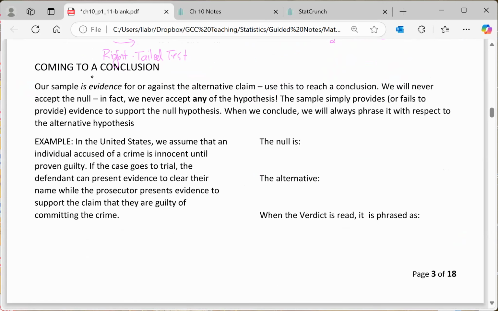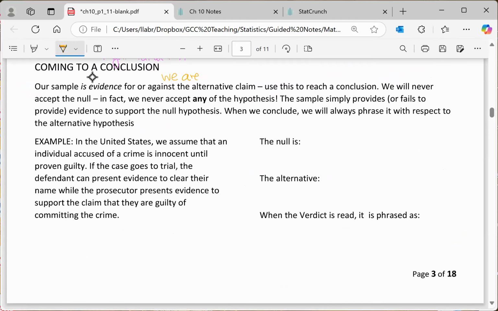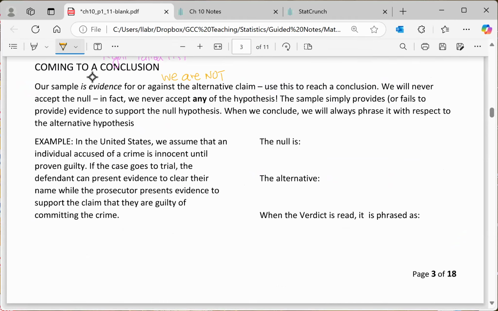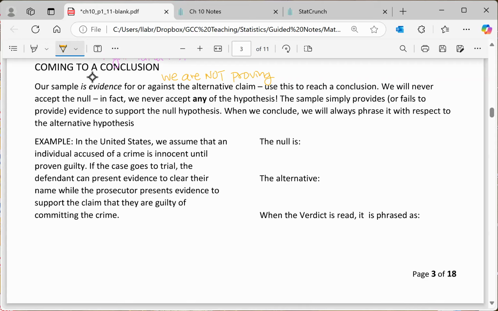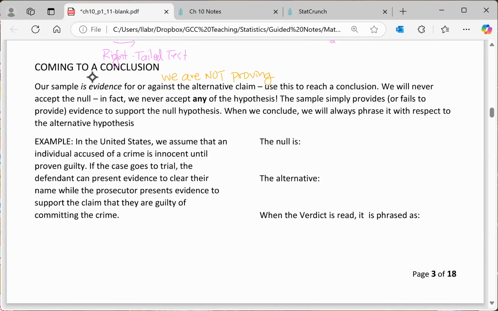Because your sample is evidence for or against the alternative claim, we have to be careful with the language, because we are not proving anything. We're not proving whether H0 or H1 is correct. We're just saying there's evidence that this could be correct.